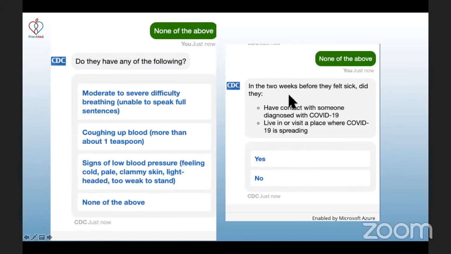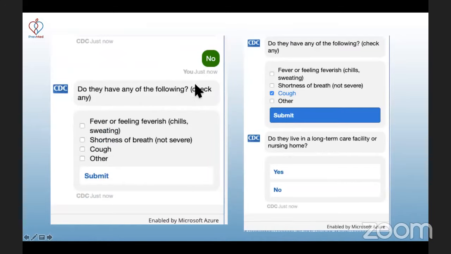Okay, so in the past 2 weeks, have they had contact with someone diagnosed with COVID-19, or live in or visit a place where COVID-19 is spreading? I think I said no on that one. Do they have any of the following? Fever, feverish chills, sweating, shortness of breath, cough, others, submit. And I said cough.